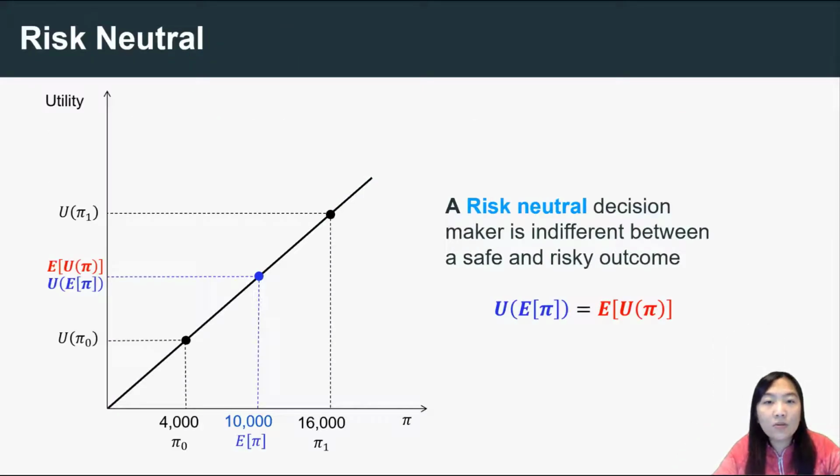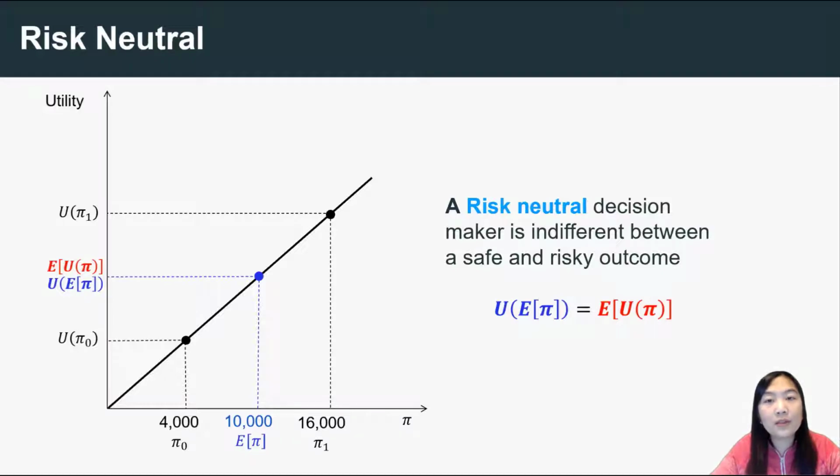We can tell whether a person is risk neutral, risk averse, or risk preferring by the relationship of the utility of expected profit and the expected utility. So if the person is risk neutral, that means that person is indifferent between a safe and a risky outcome.